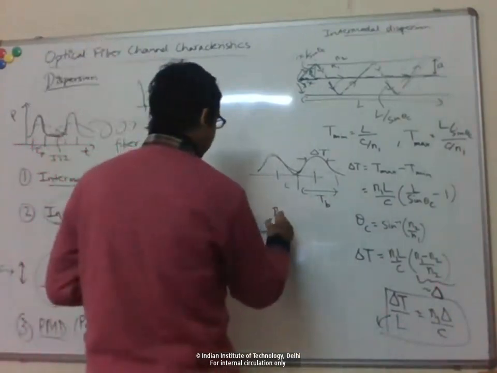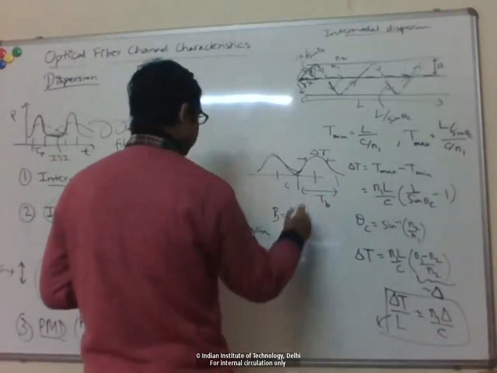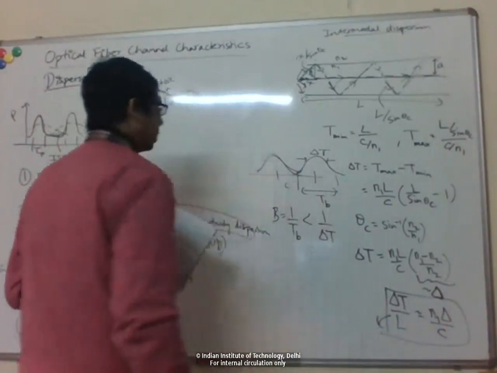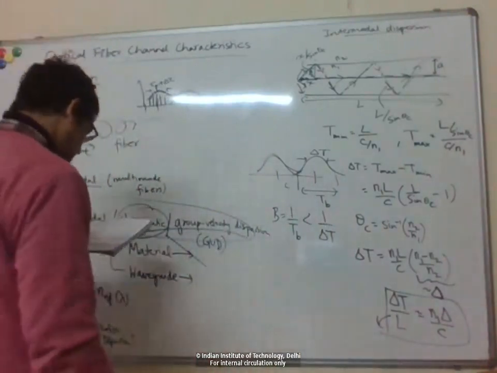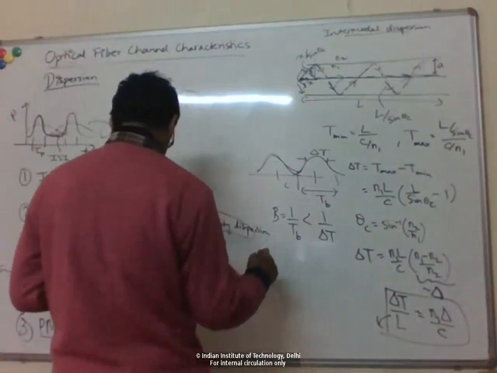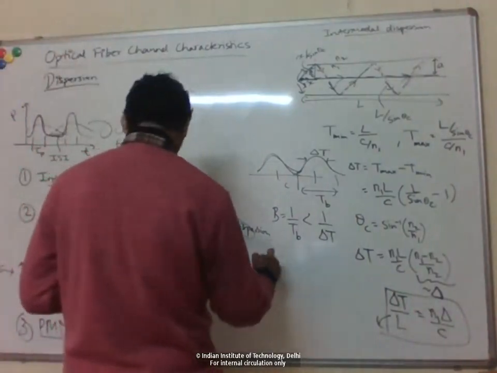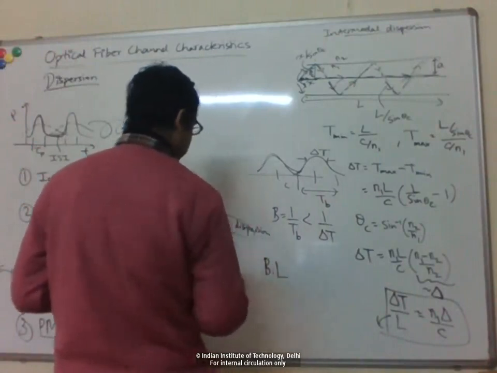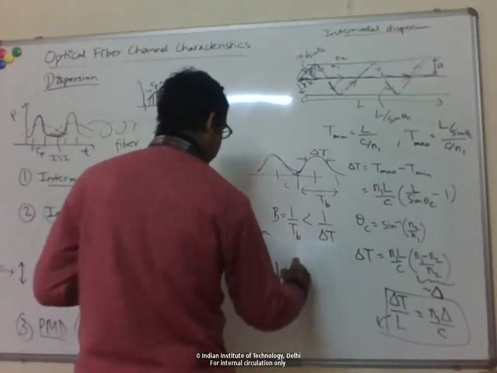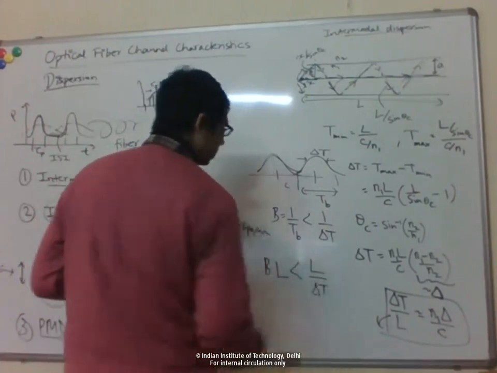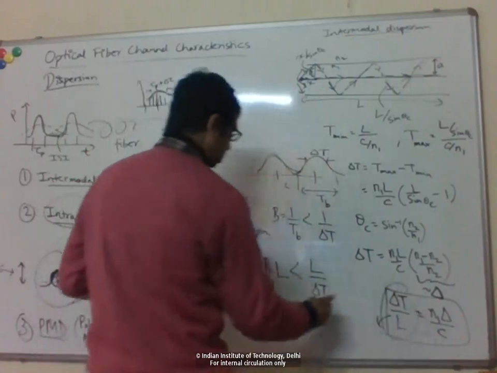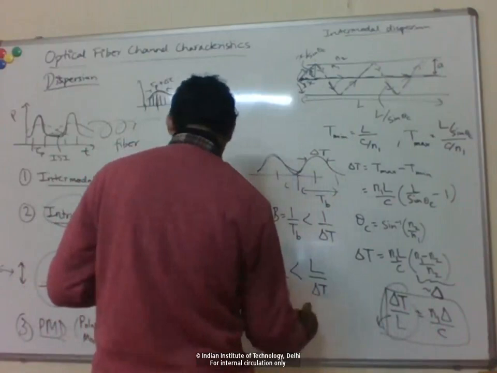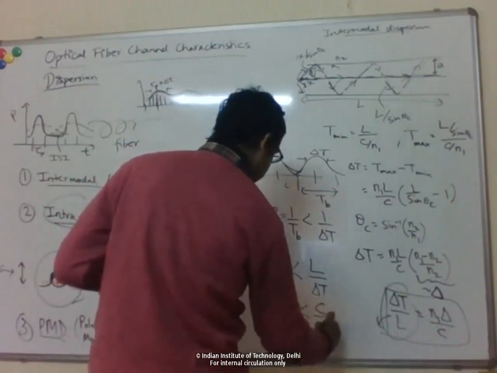So if TB is greater than delta t, then 1 over TB, the bit rate, is less than 1 over delta t. So the bit rate times the link length is less than L over delta t, and from here, the bit rate times length is less than that.